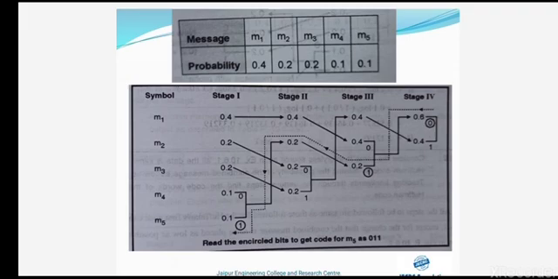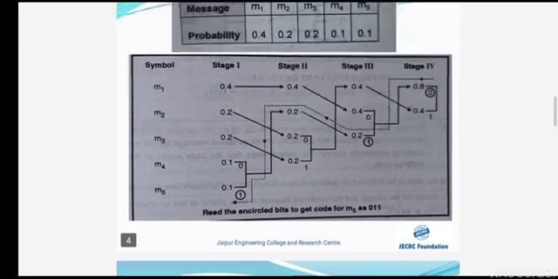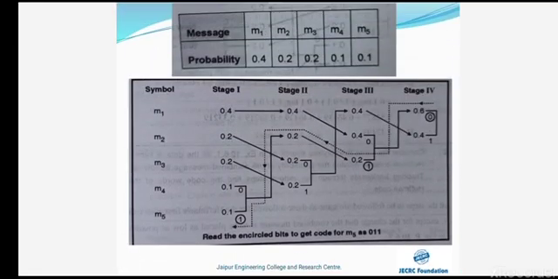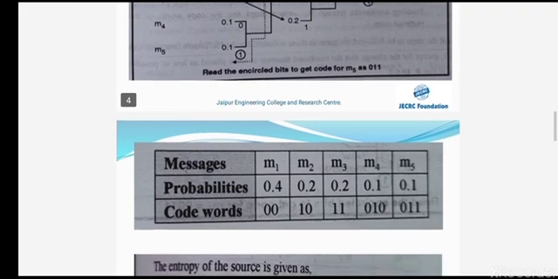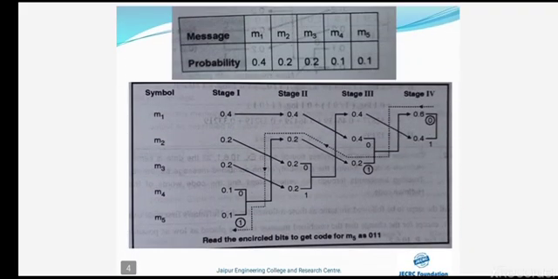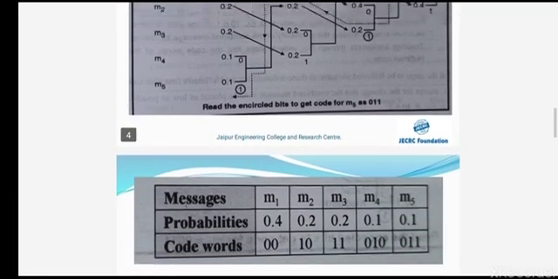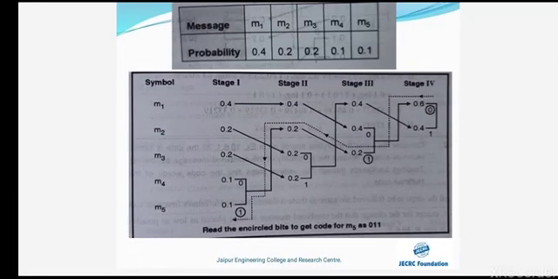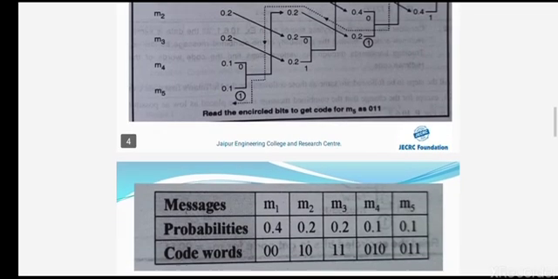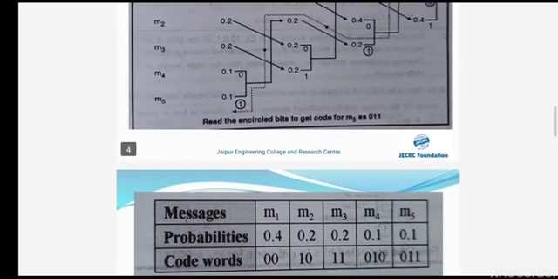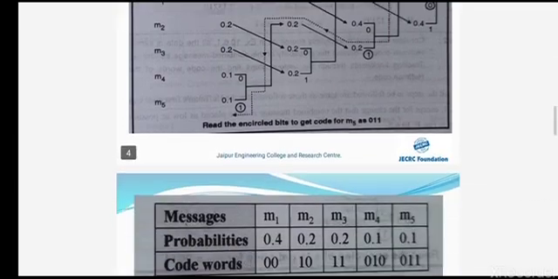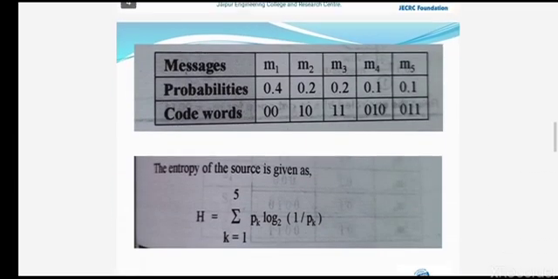So the m5 code is 011. The m4 code is 010. The m3 code is 11. The m2 code is 10. The m1 code is 00.